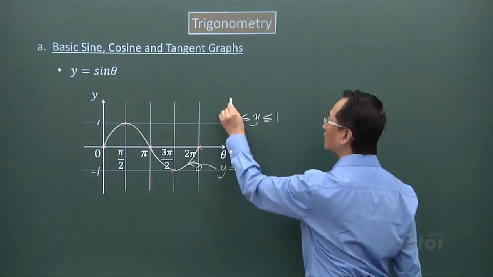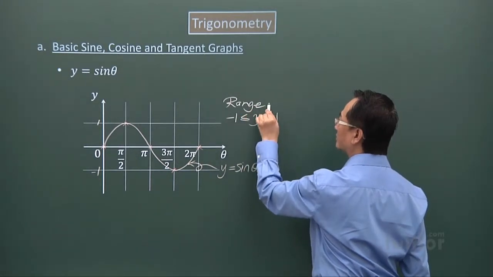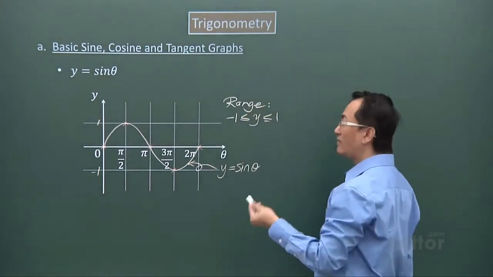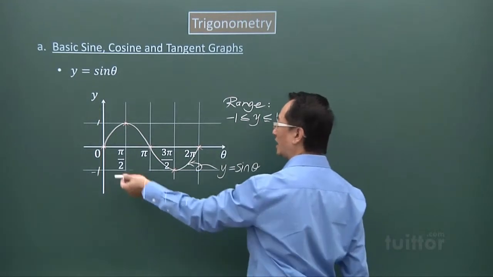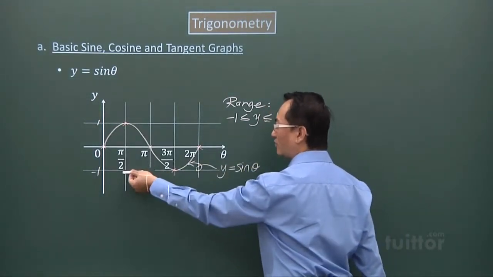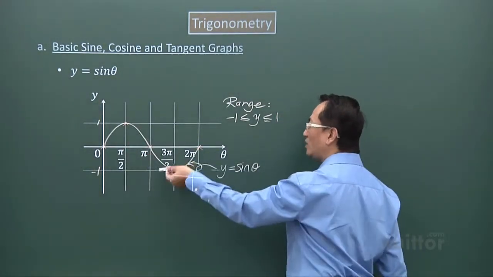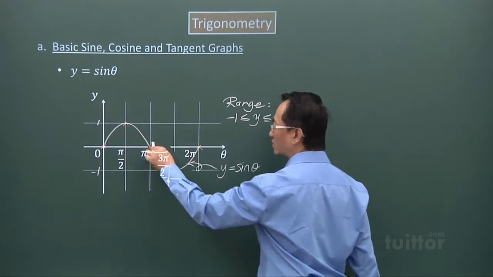This will be your range. Basically, what it means is the vertical values. The lowest, negative 1, the highest, 1. So in between, you find y values as well.